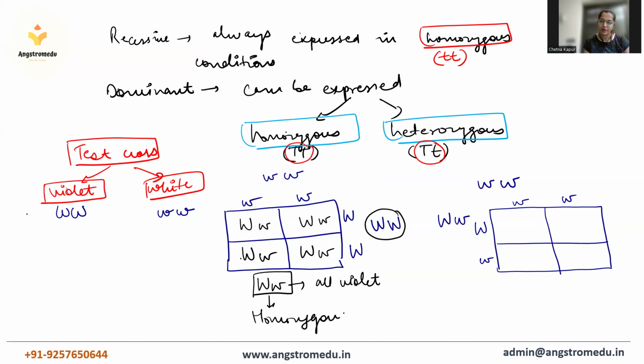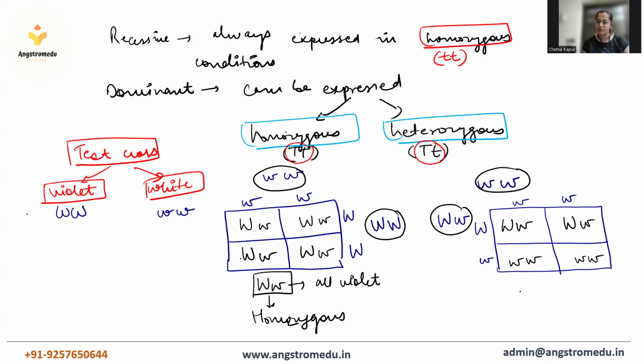So this is again an important question that is usually asked. Next, we will talk about the second cross, that is capital W, small w, and small w. Let us check what is obtained. This is capital W small w, capital W small w, small w small w, small w small w.